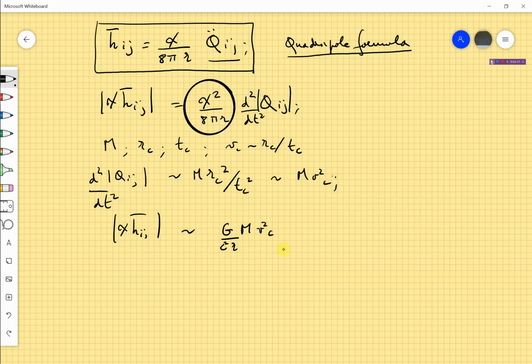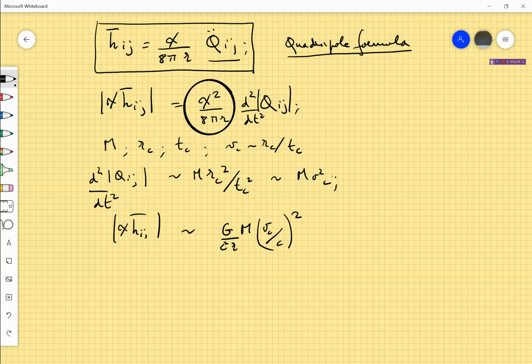And this has dimensions of velocity, so we just divide by c squared. Just not to make this confusing, this is the characteristic velocity divided by c squared.